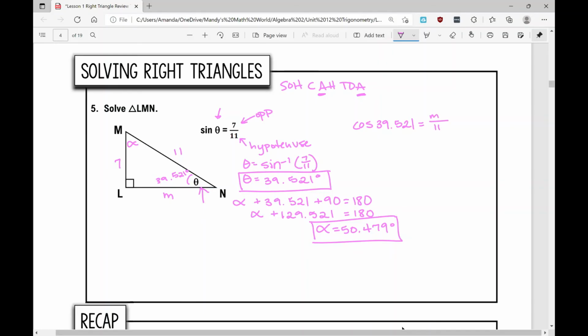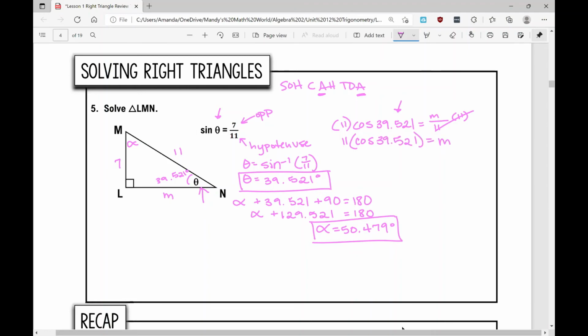And now I want to find what m is, so I'm going to multiply both sides by 11. Remember, I know this angle measure, so I don't need to use an inverse trig function. So I get 11 times the cosine of 39.521.